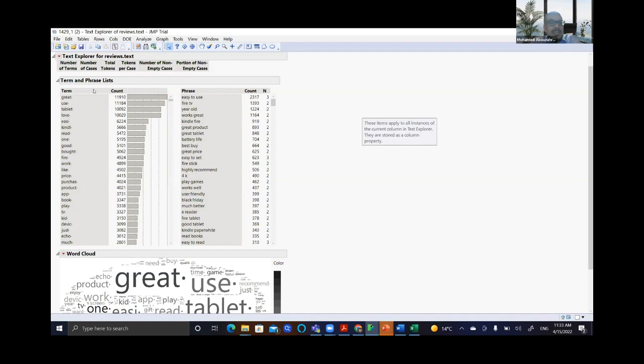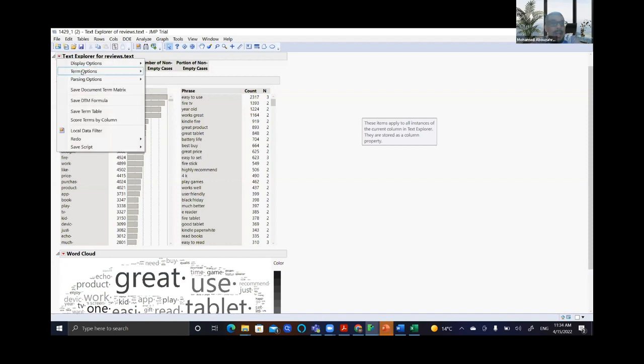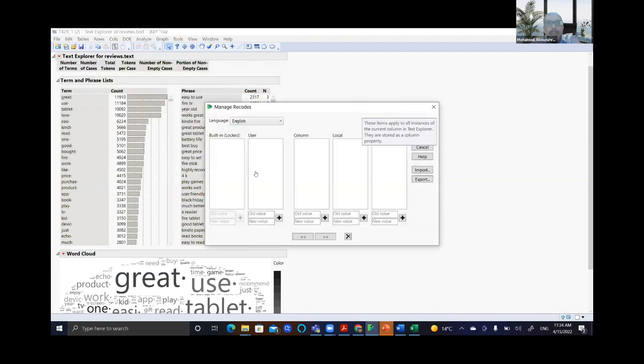Another feature that is very common, this is everywhere, not just in JMP. This is why I'm showing you these features, because they are common in all software that is used in text analytics. Another option here is recodes. When I click on manage recodes here, recodes are words that you want to combine together, right?